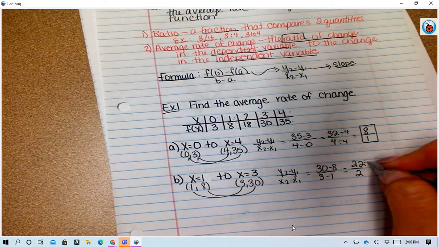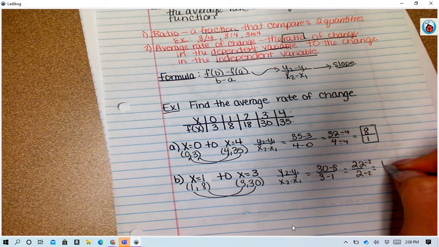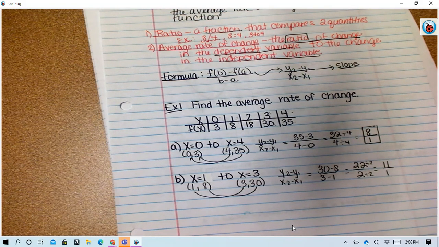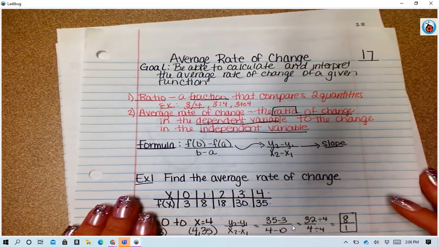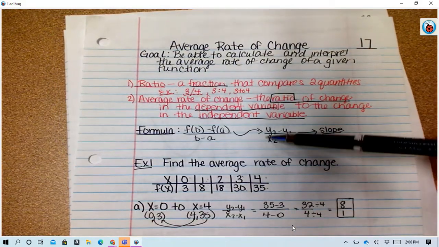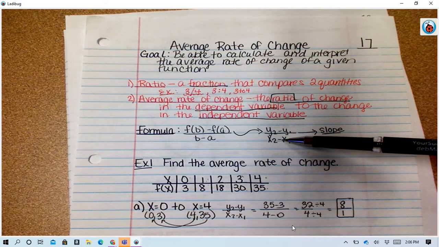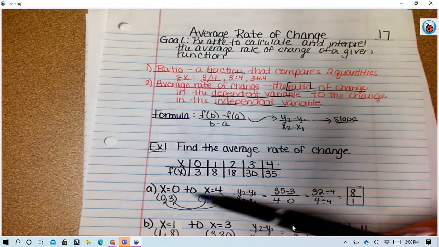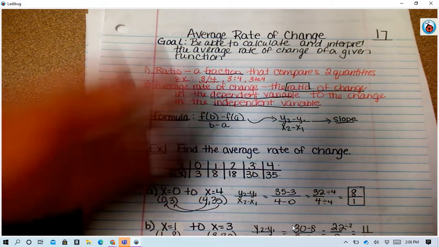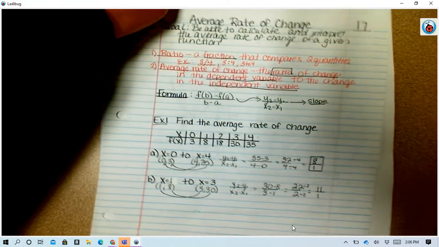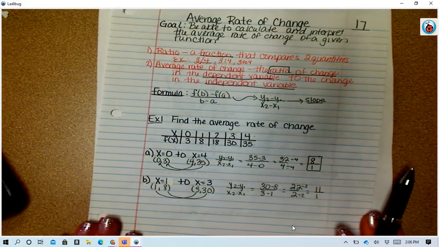These are both divisible by 2, which leaves us with 11 over 1. So again, average rate of change is pretty easy. You're just using the slope formula that we're used to over a given interval of x values. So make sure that your page 17 is complete and looks like this.